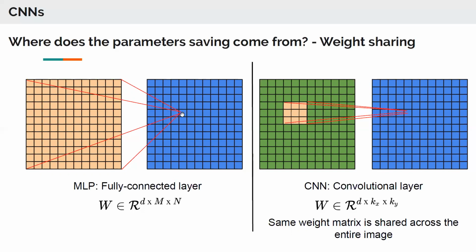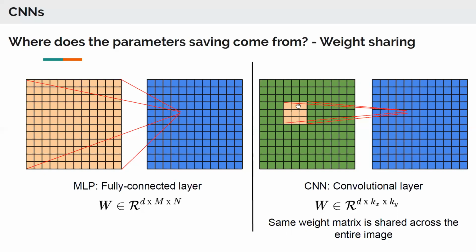Okay, what happens in CNNs, and this is really the magic, is that you have a small kernel, like 3 by 3 or 5 by 5 or something, and therefore you need only weights from that small region to a certain region in the output. And importantly, you slide this kernel through the image, keeping its weights fixed, right?